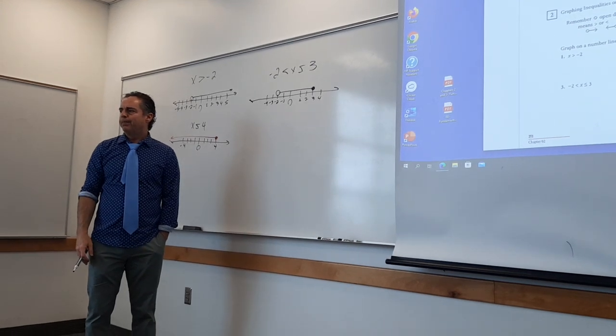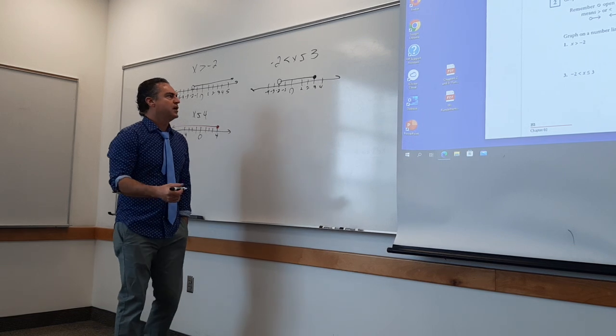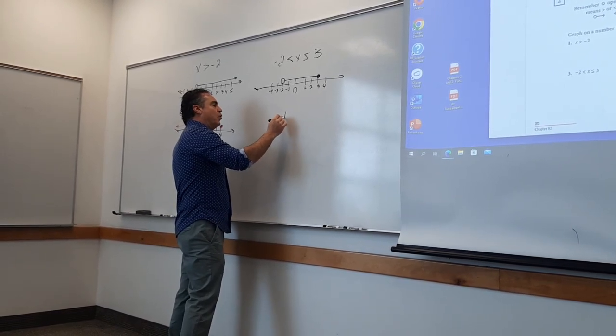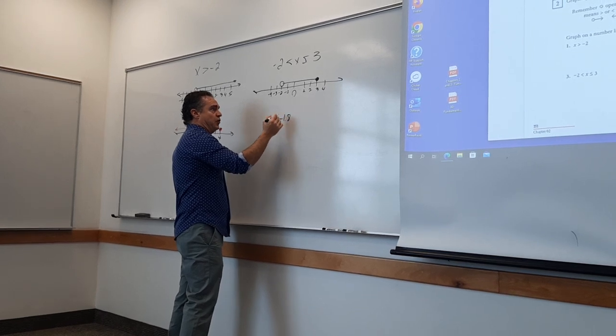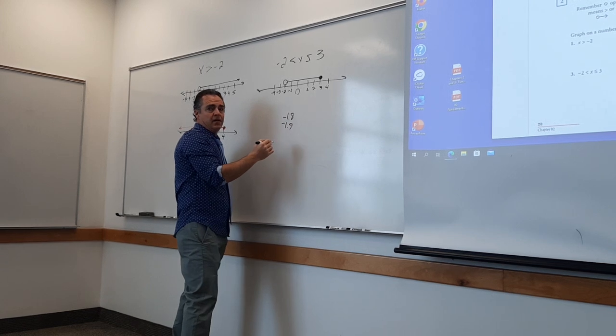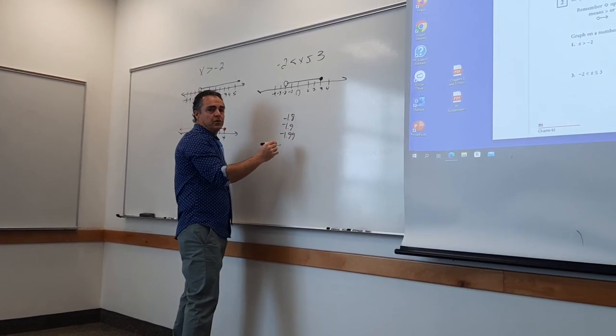Cool? I want you to think about that for just a second, kind of a deep thing here. -1.8, is that close to -2? Yeah. And -1.9, is that close? Yeah. But how about -1.99? Is that closer? A little bit.